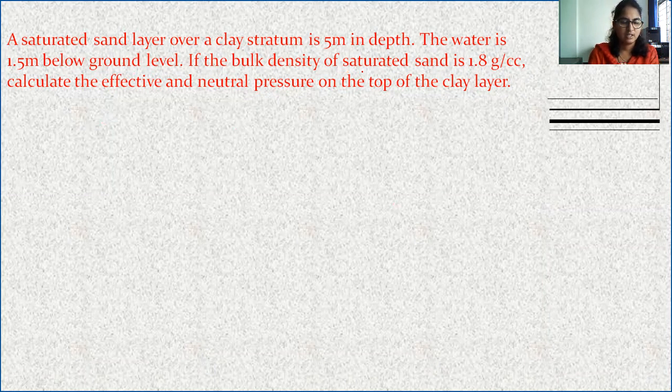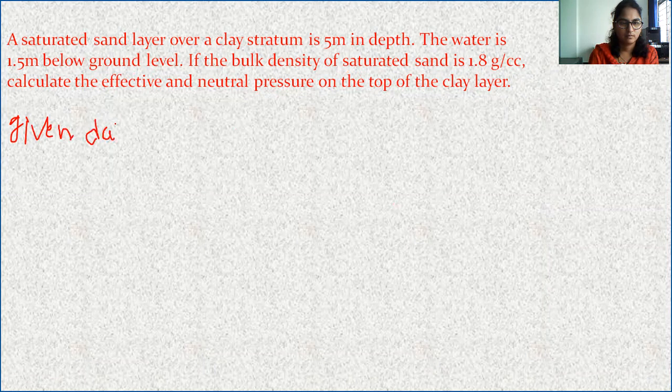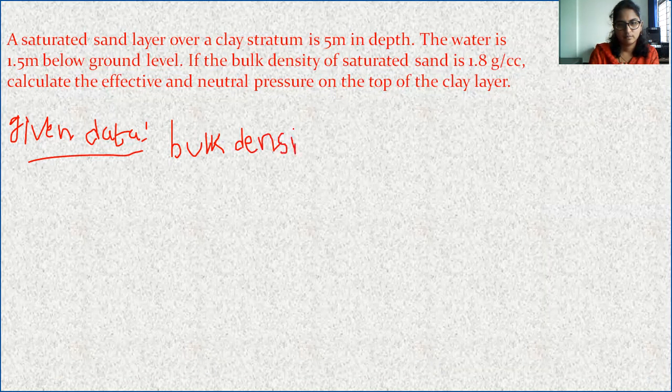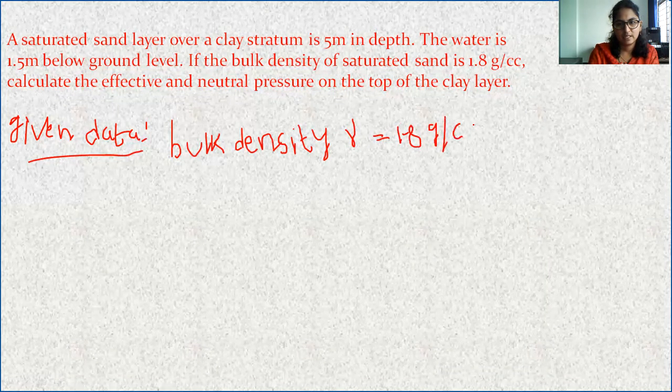What data is given? Given data: saturated bulk unit weight, bulk density, gamma, is equal to 1.8 gram per cc.